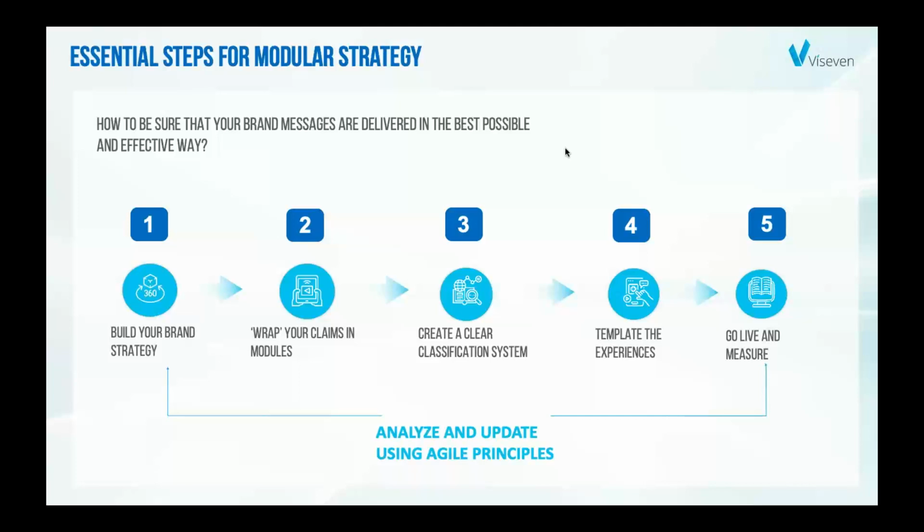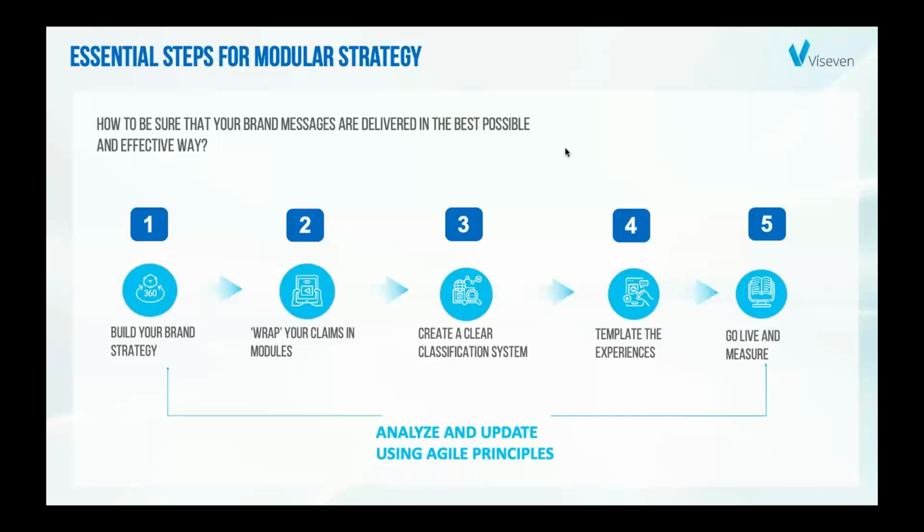And the good thing here is that if some claim has been changed or some message should be adjusted, you don't redo the whole bunch of emails and sites that you have, but you make the change in the module only, and then that change is applied to a number of channels that module is used in.